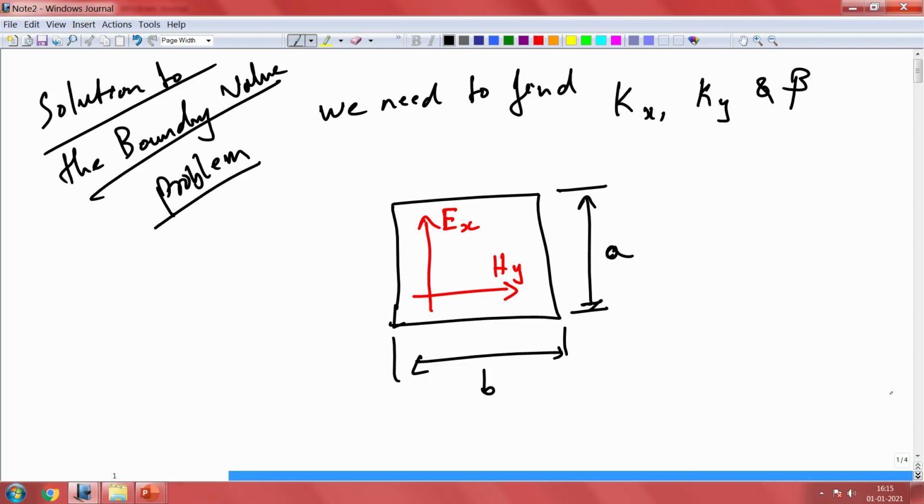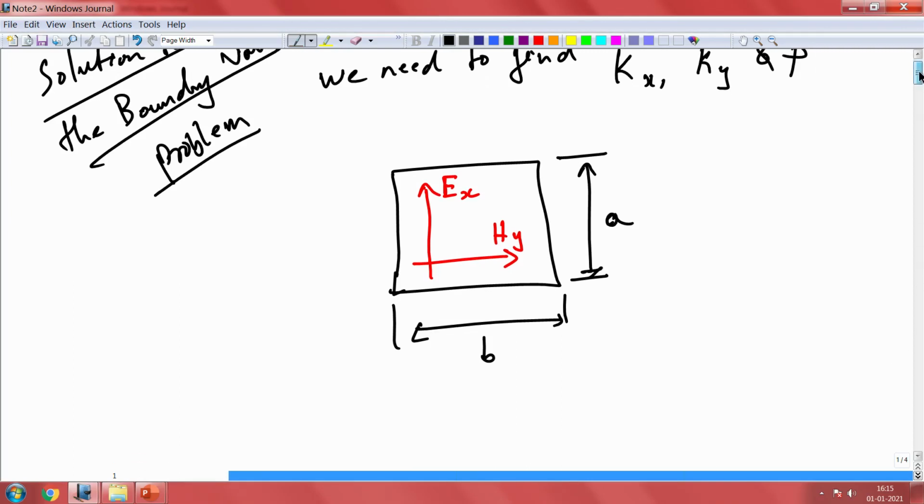So, now in this particular waveguide that we have, we need to look at the boundary condition, right. We must make sure that there is continuity in the tangential electric field at y equals 0. So, you have this as y and this is x, right.